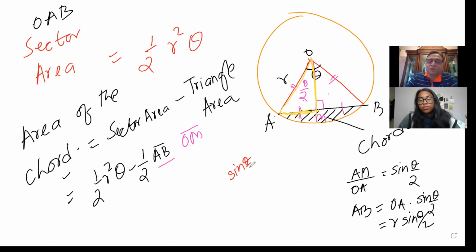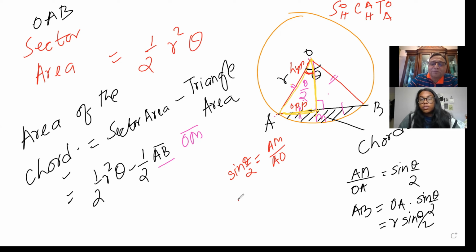So sine theta by 2 is AM divided by AO. AO is the radius, right? So AM we can find as AO times sine theta by 2, which is R sine theta by 2. Is that clear to you now?